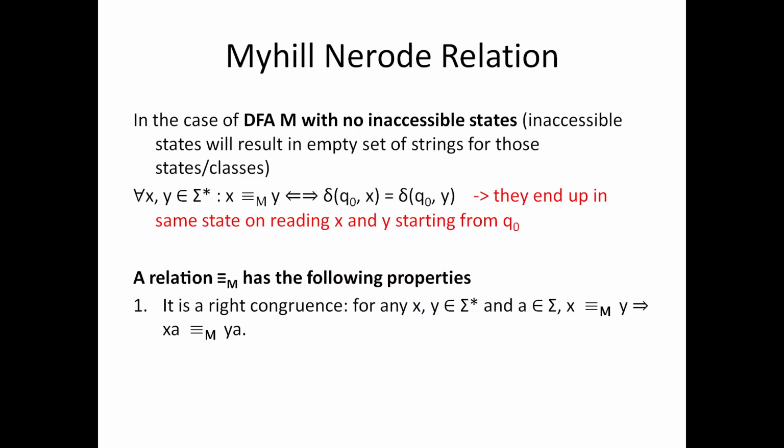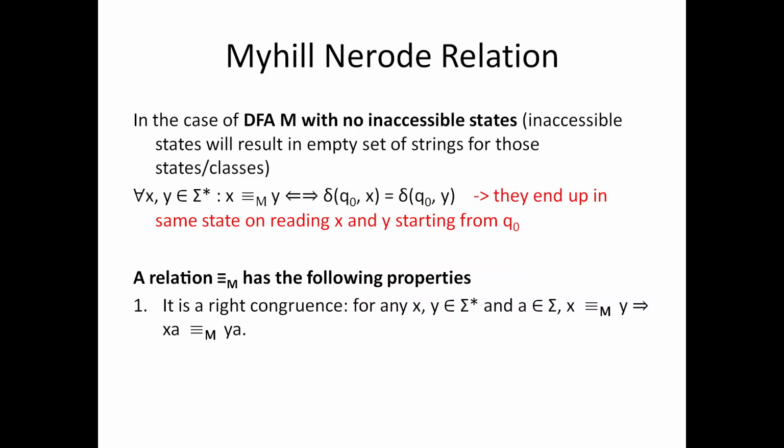Some of the properties of the Myhill Nerode relation are that it is right congruent. That is, if we take two strings x and y, which are elements of sigma star, and if x is related to y, it implies that xa is also related to ya.